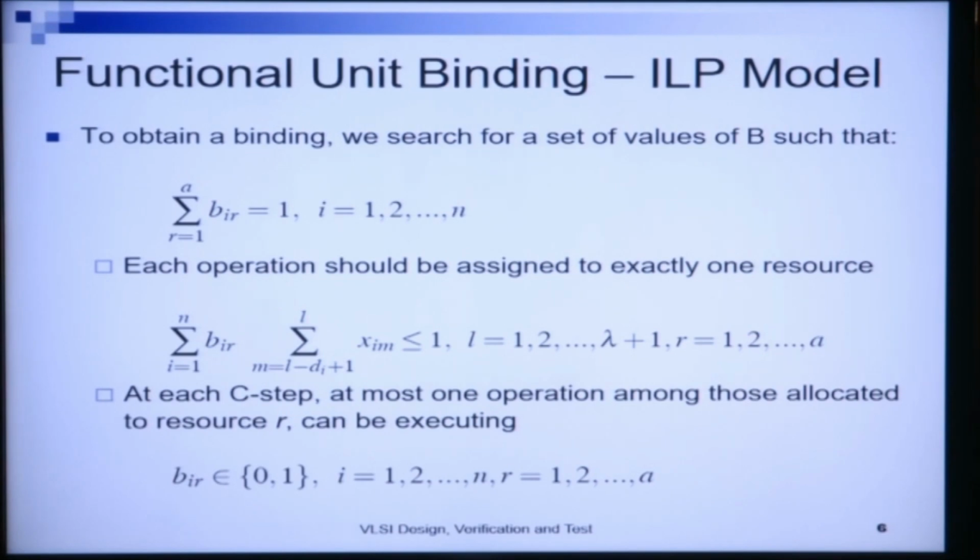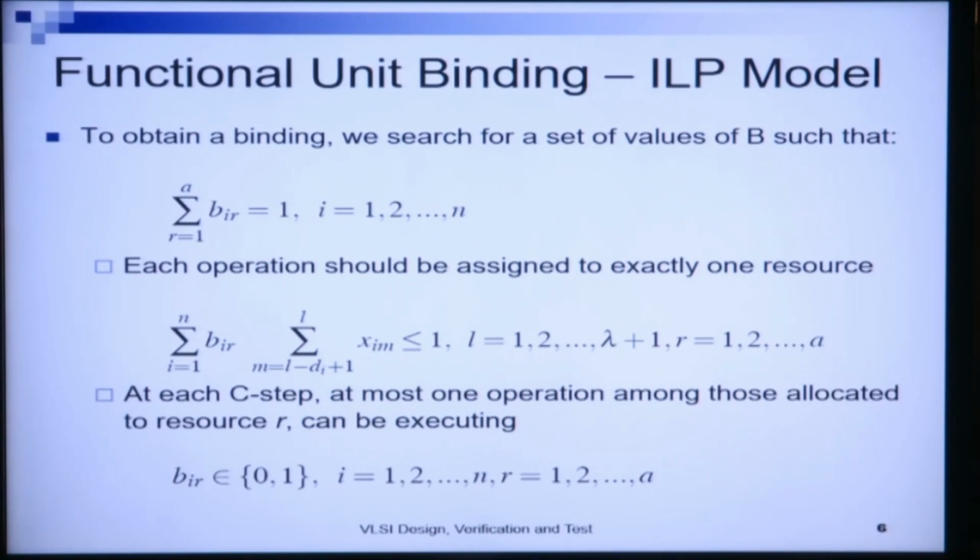And how do we write this constraint? The second part of this constraint, this term here, should be familiar to you from the scheduling step. What does this term tell me? It tells me whether at the current time step this operation is currently under execution. So the summation over m equal to l minus d_i plus 1 to l of x_im will be equal to 1 if operation i is currently executing at time step l.